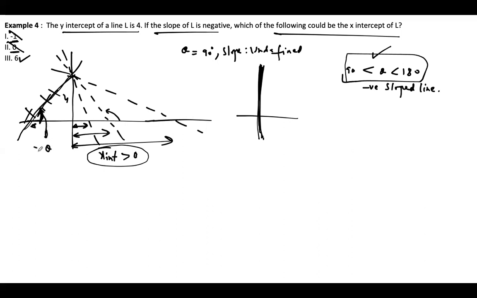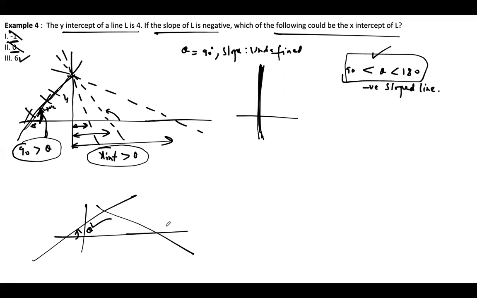It is definitely lesser than 90 degrees. That means the slope is positive. So if theta is lesser than 90 degrees, slope is positive. But if theta is greater than 90 degrees, slope is negative. Okay, thank you.